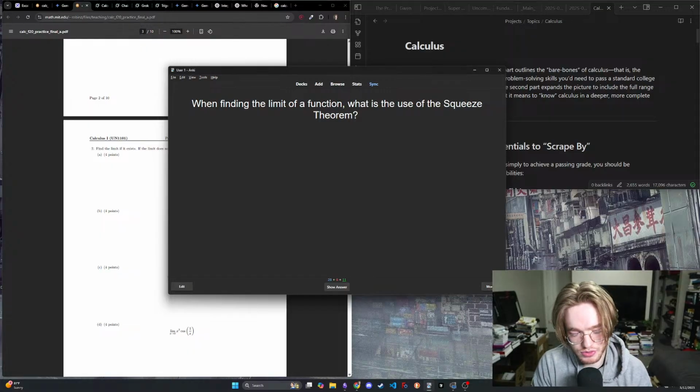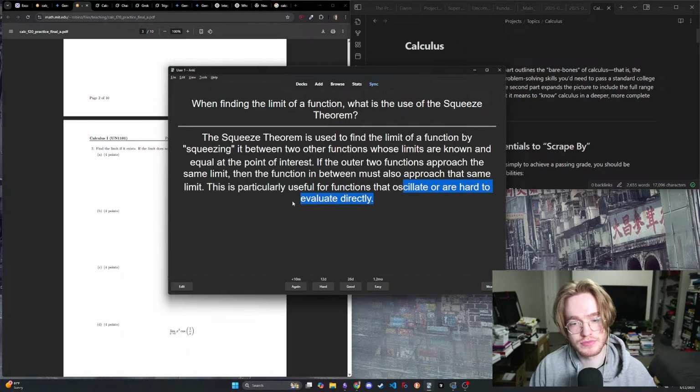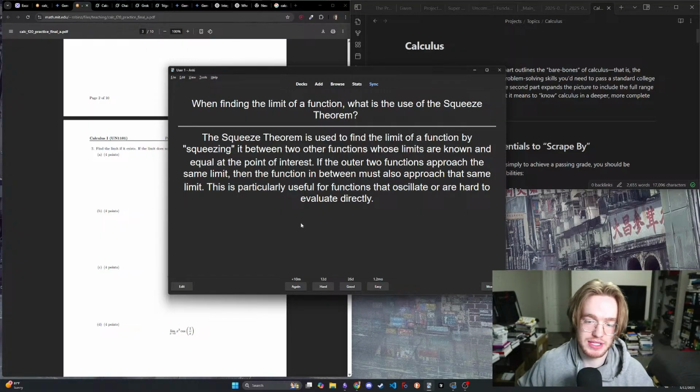And you can derive the limits for the least and greatest functions, and those limits are equal, then by the squeeze theorem, you know that the center limit is also equal. By squeezing in two other functions whose limits are known equal at a point of interest, if the outer two functions approach the same limit, then the function between must also approach the same limit. Particularly useful for functions that oscillate or are hard to evaluate directly.